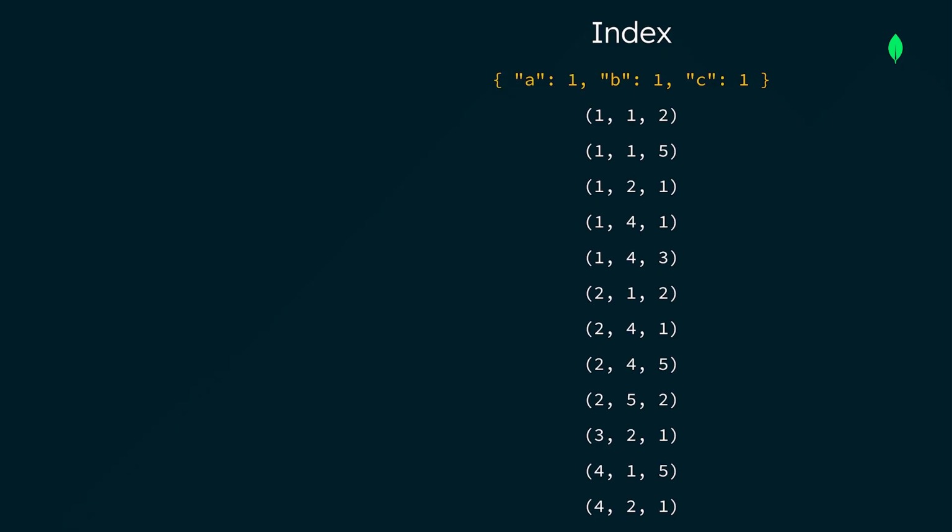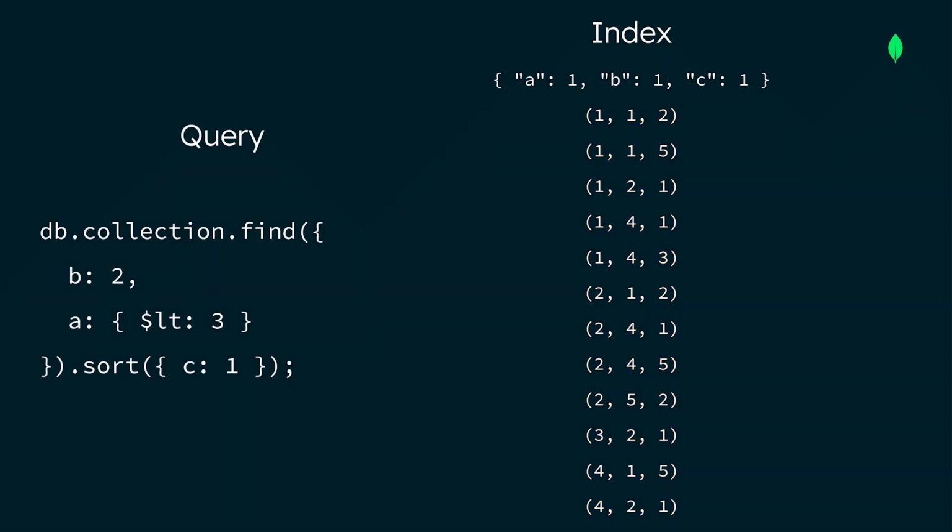We'll follow this index and see how it would support different queries. The field names in this index are A, B, C, and this list contains sample index values. Let's say we have a query with a range on A, equality on B, and sort on C. With this query, range comes first in our index order.